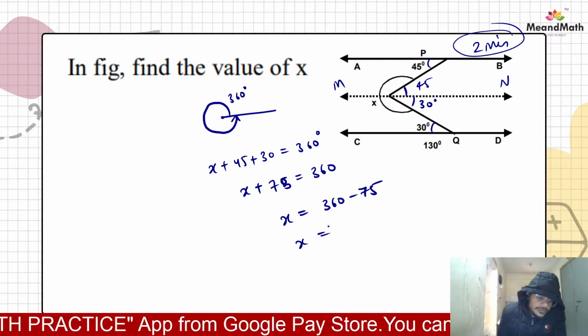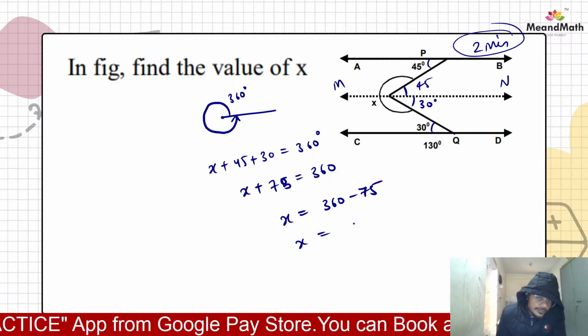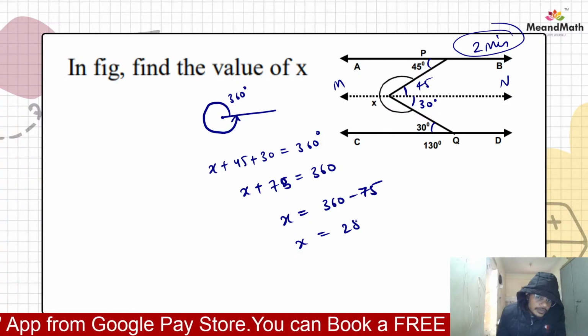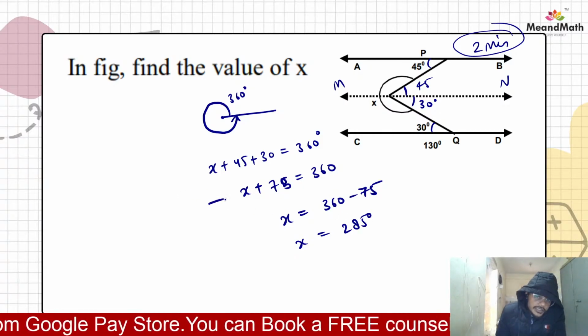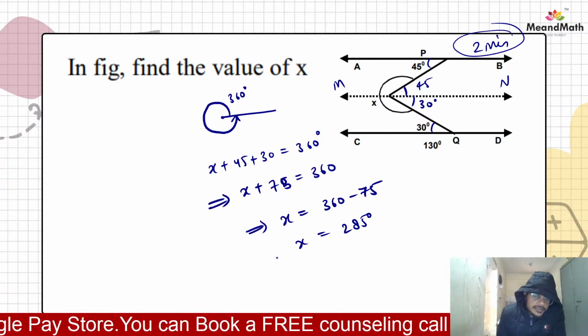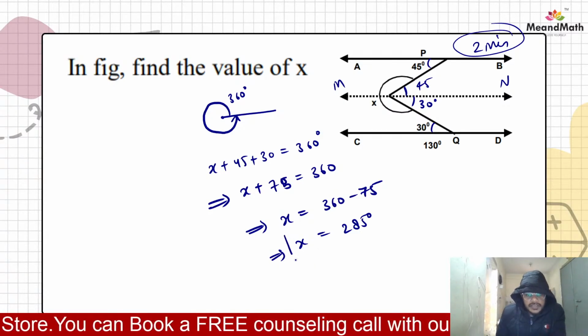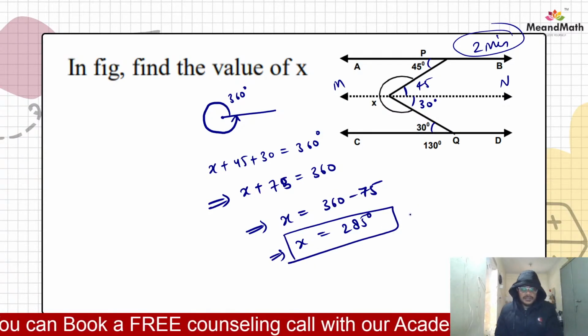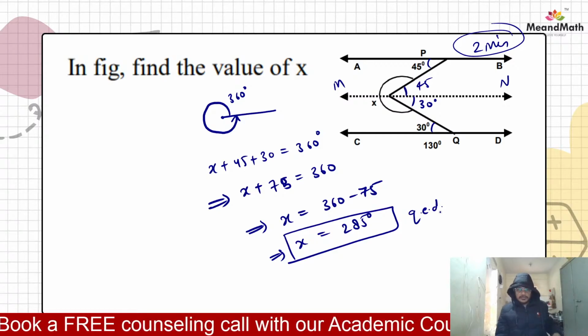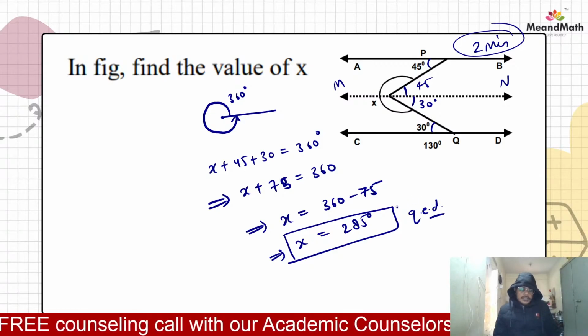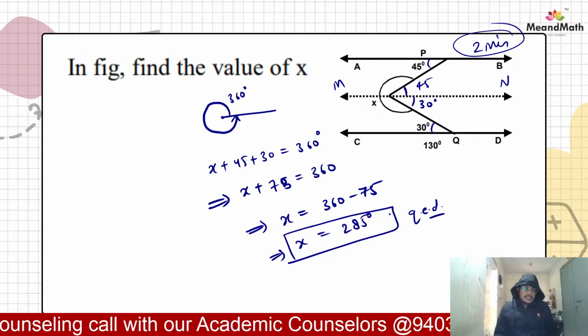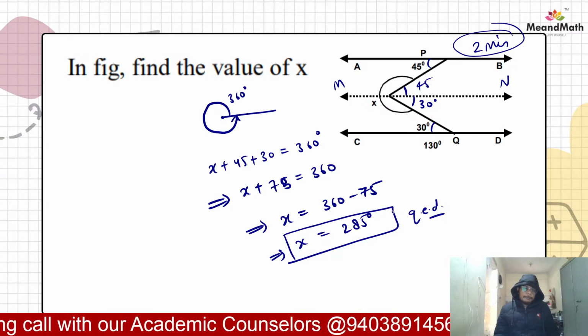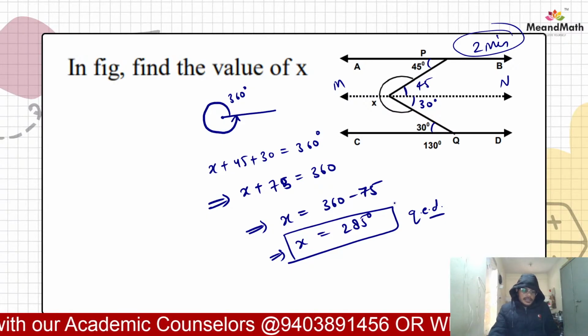That is, the x value should be equal to 285 degrees. Now you need to use this sign over here. This is the answer, and you can write QED. Okay, so yes, this is the right thing.